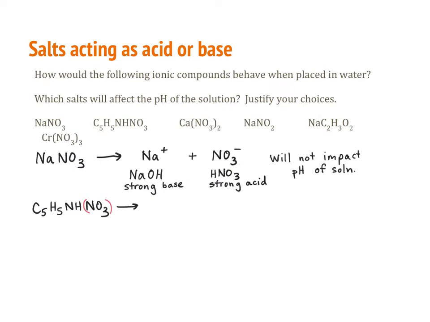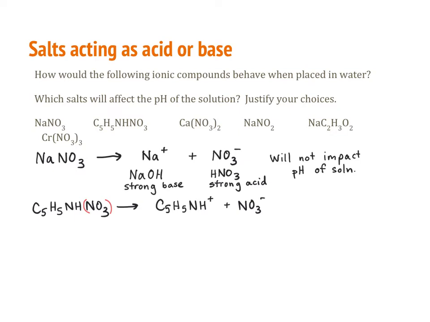And so even though the other part is not something I recognize, you always look for the basic ones. Sodium and nitrate are two very common ones that you're going to see in pretty much all these examples. So when this salt dissociates, you're going to have two ions, C5H5NH, and I'm going to guess that is a plus because it's combined with nitrate, which is minus.